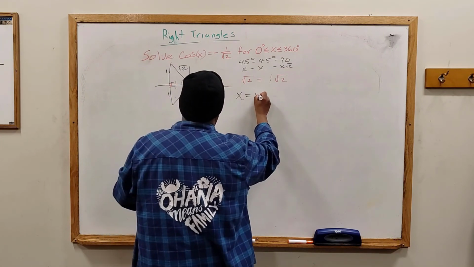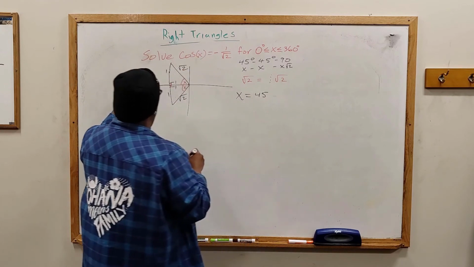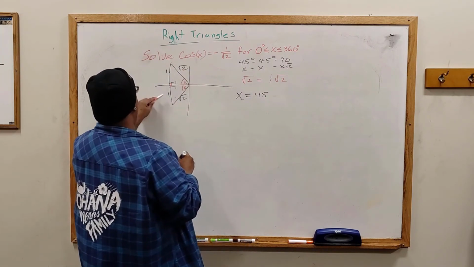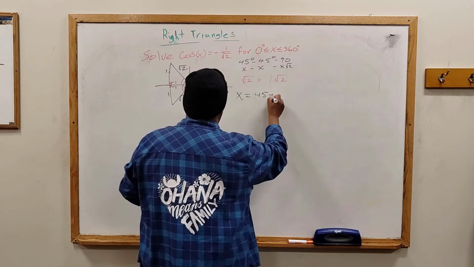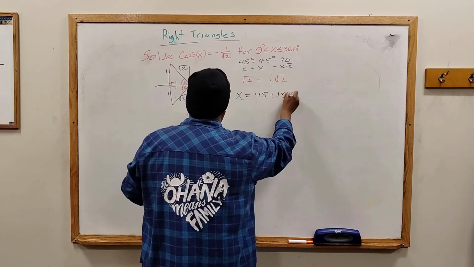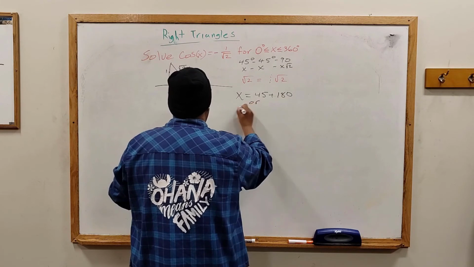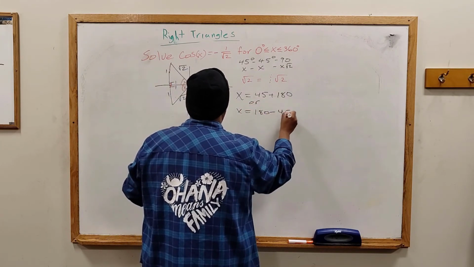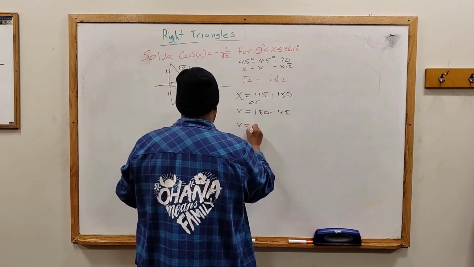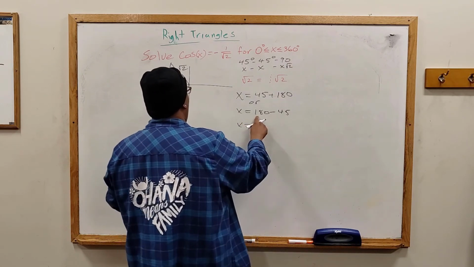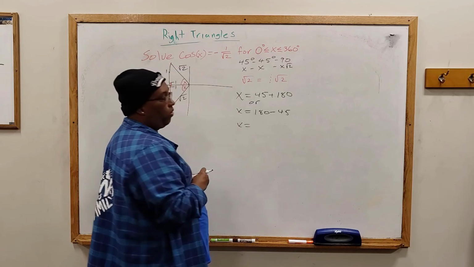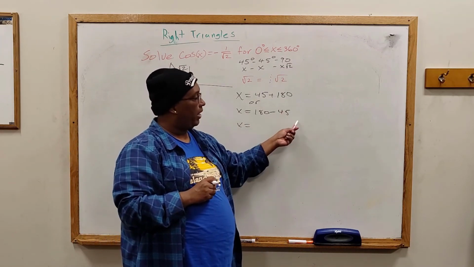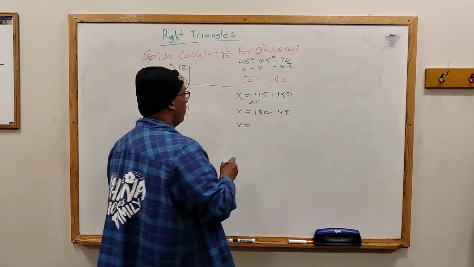but we're over here, so we're actually saying 180 plus 45 for this one, or x equals 180 minus 45. So x equals 180 minus 45, well, that would be like 140 minus 5, so 135.